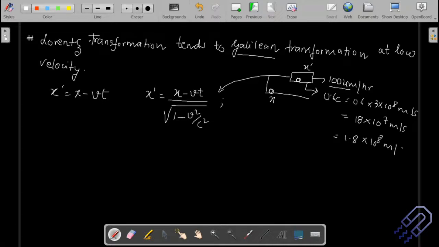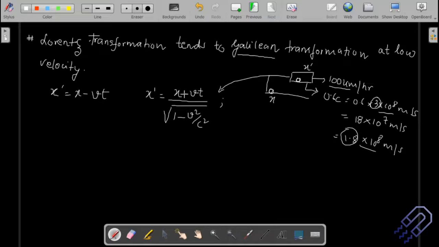In maths, physics, engineering, wherever you are using numbers, if the order is the same, the difference is very insignificant. So this is very much comparable to the speed of light.